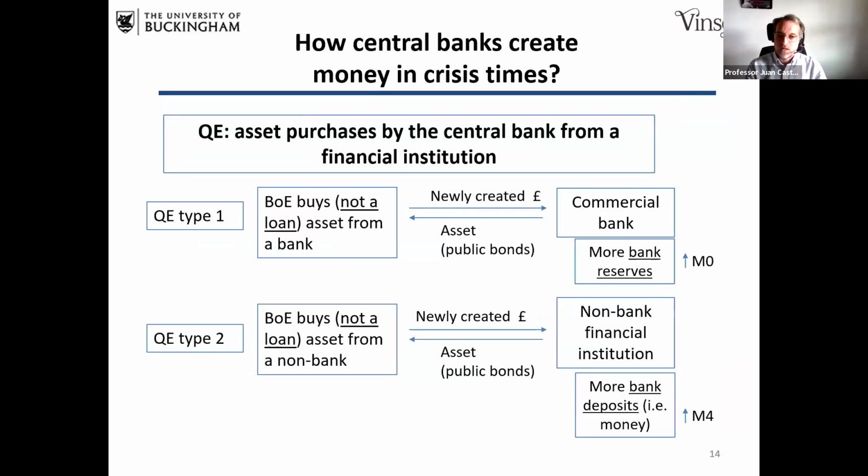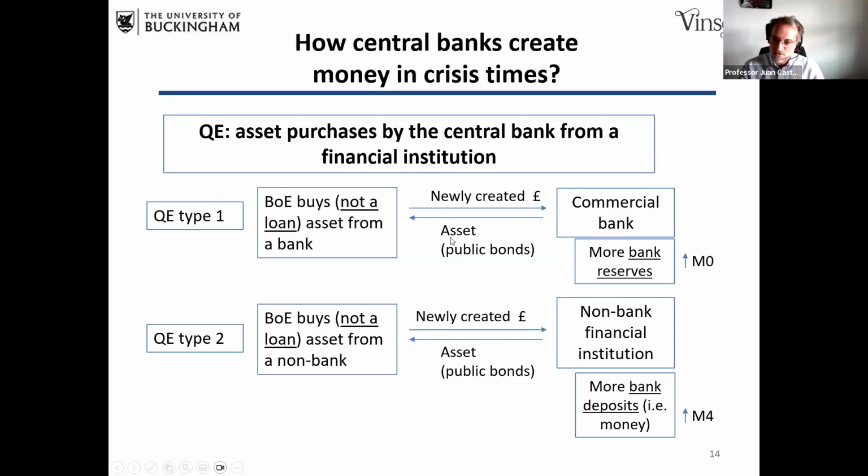With QE, with quantitative easing, what central banks do, again, or should be doing in times of crisis, is to purchase an asset from the bank. So now it's the Bank of England buying, not lending, buying an asset from a commercial bank. Which asset? Normally a public bond, a gilt in the UK.